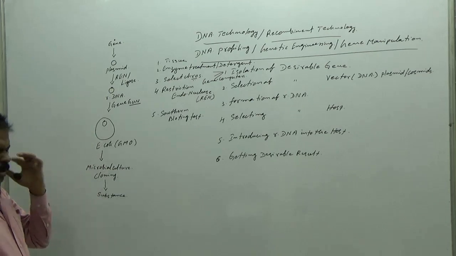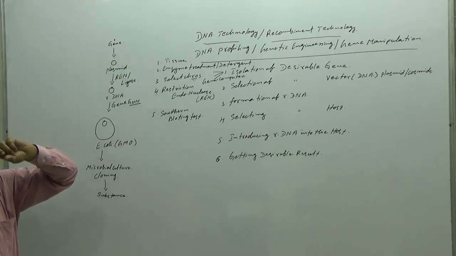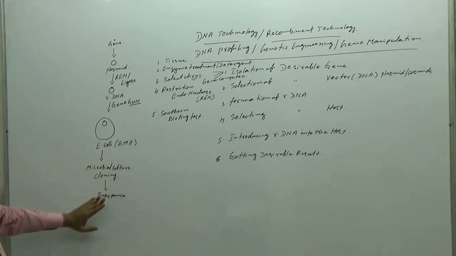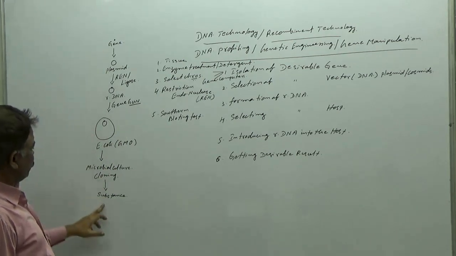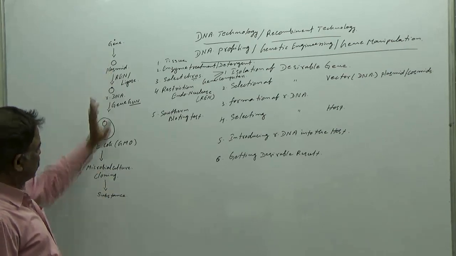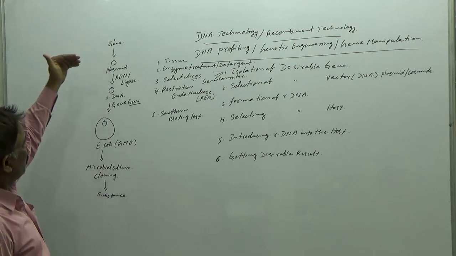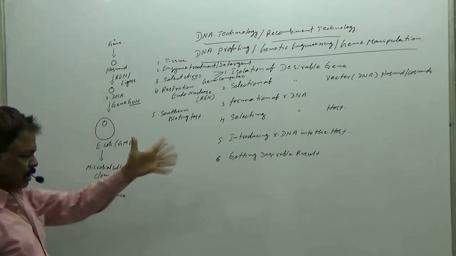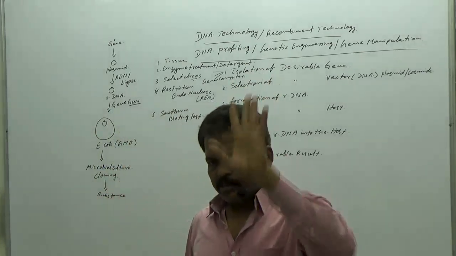If this is factor 8, which is useful in hemophilia, or factor 9, then we produce that. If this is a vitamin A producing gene, vitamin A; vitamin B producing gene, vitamin B; vitamin D producing gene, vitamin D. That may be an enzyme or hormone or vitamin or any chemical substance or a toxic substance, whatever it is, a similar substance we get. Then they extract that, purify it, then they supply it to the market.